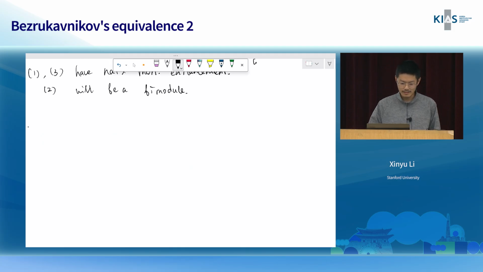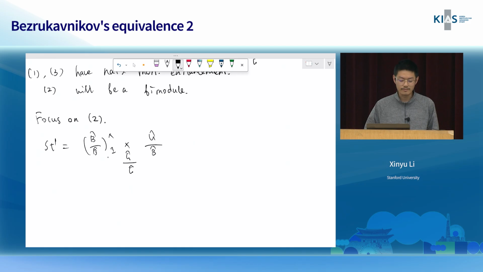I will mainly focus on 2 today, and that's also what Bezrukavnikov did in his paper, because it's technically easier. So if I denote this fiber product as T prime, then I can actually remove this formal completion because the right factor here is precisely the preimage of 1.